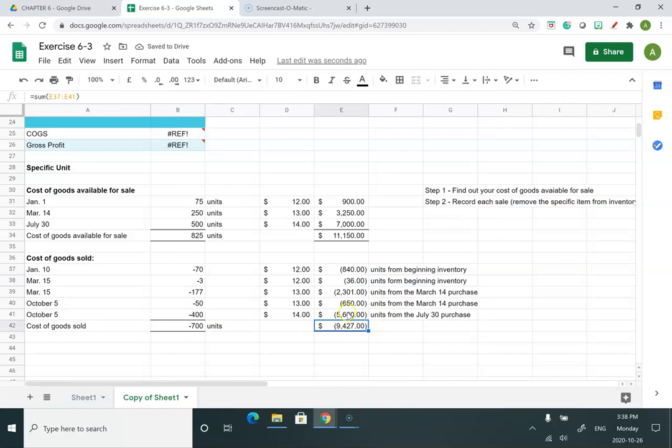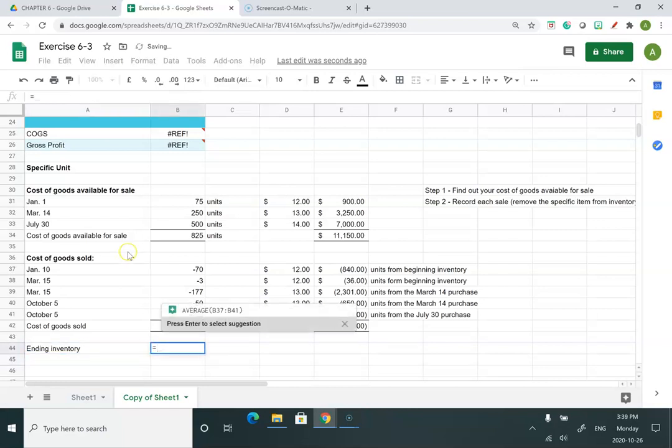And the price that we allocated was $9,427. So that's your cost of goods sold. So now my ending inventory is your available for sale minus your cost of goods sold. So $825 minus $700.